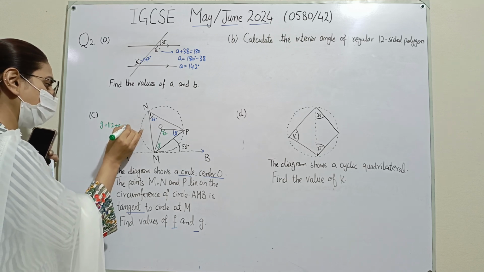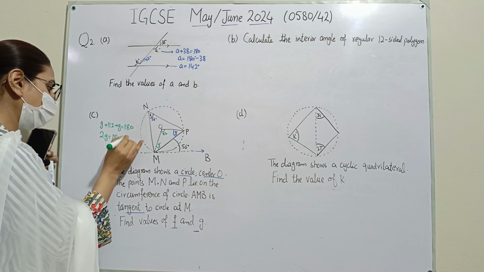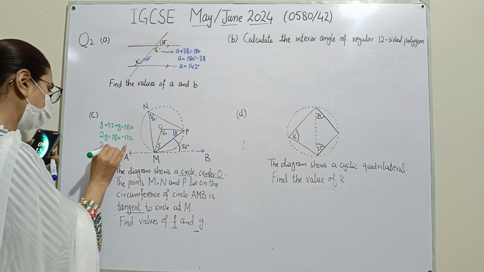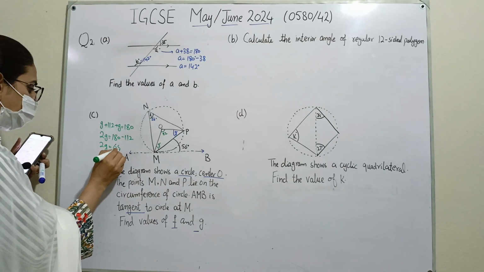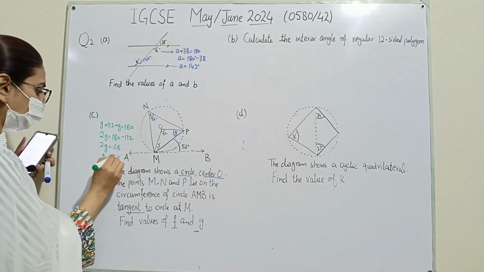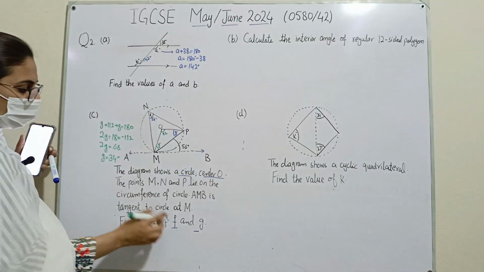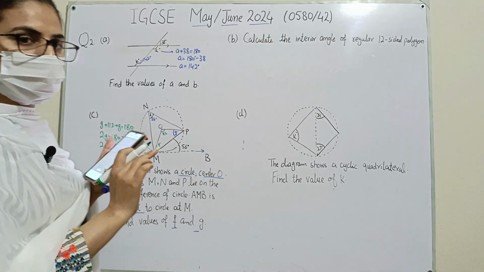To simplify, 2G equals 180 degree minus 112. So you will get the answer, that will be 68. By dividing by 2, you will get the value of G to be 34. So the value of F is 56, whereas the value of G is 34 over here.